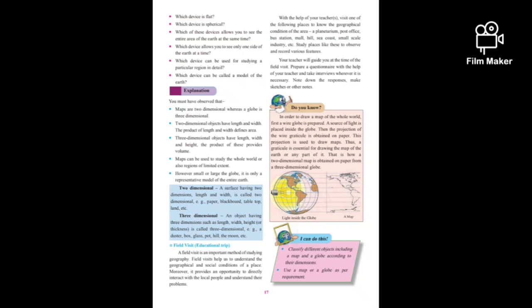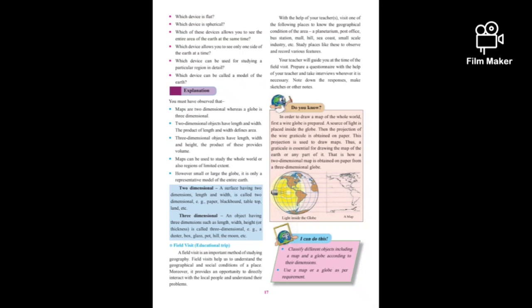However small or large the globe, it is only a representative model of the entire earth. A globe is a model of the entire earth, which helps you to understand the different continents and oceans, as well as you could see the lines of latitude and longitude, North Pole, South Pole on the globe.